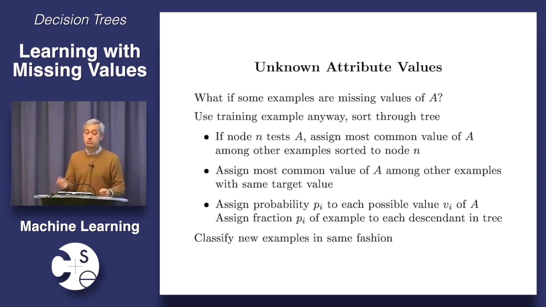But the problem now is, what do I predict? In the complete data scenario, each example at test time always went down to exactly 1 leaf, and so I predicted the class at that leaf. Now an example basically just rains down on a whole bunch of leaves. So which class do I predict? Any suggestions?